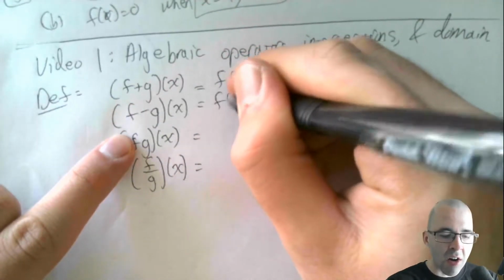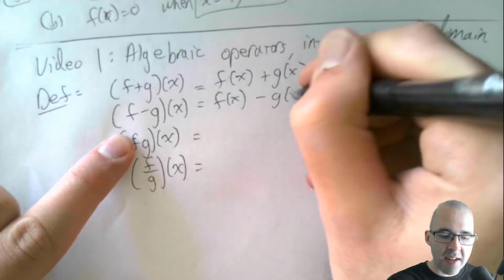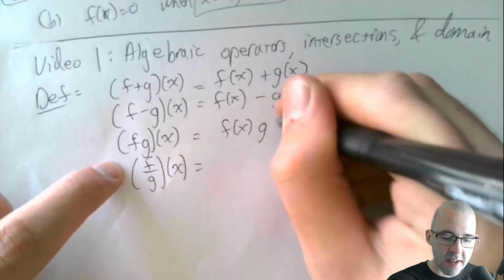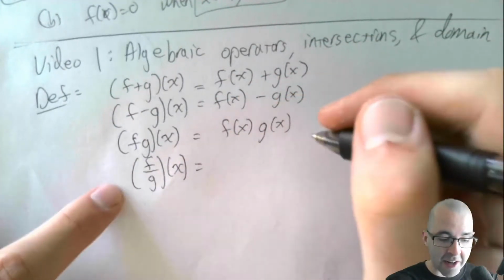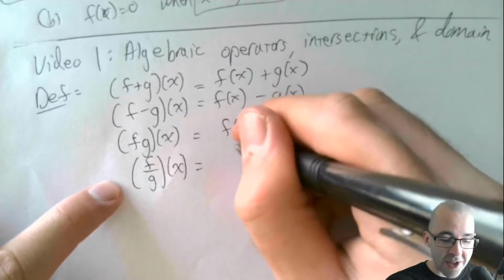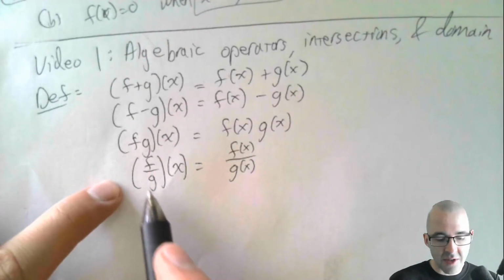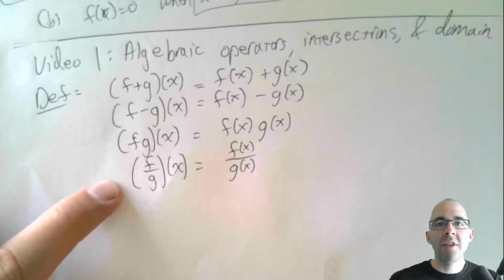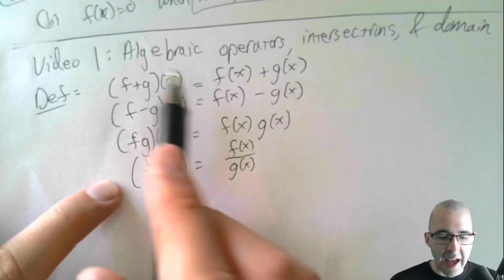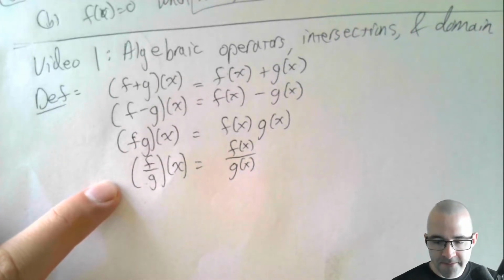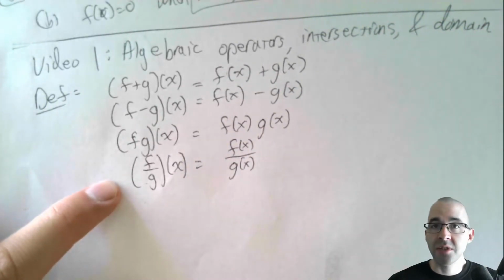Similarly, f minus g is subtracting the functions. F times g is multiplying the functions, and believe it or not, f divided by g is just dividing the functions. So this is essentially shorthand for various ways that we can combine these with algebraic operators: plus, minus, multiplication, division.